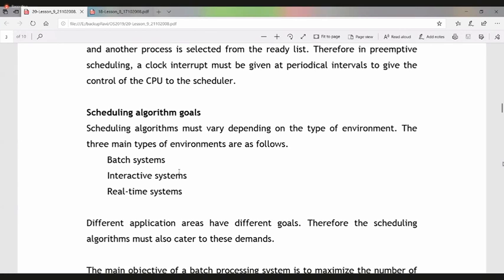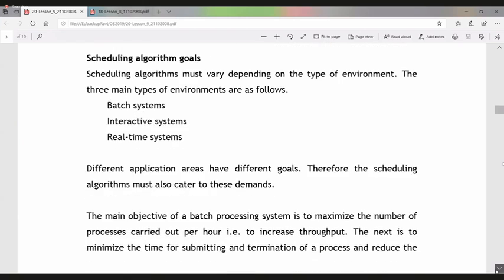So you may decide to give commands and so on. Then the third type, real-time systems, like airplane simulators and so on. You need real-time processing or answers. Okay.